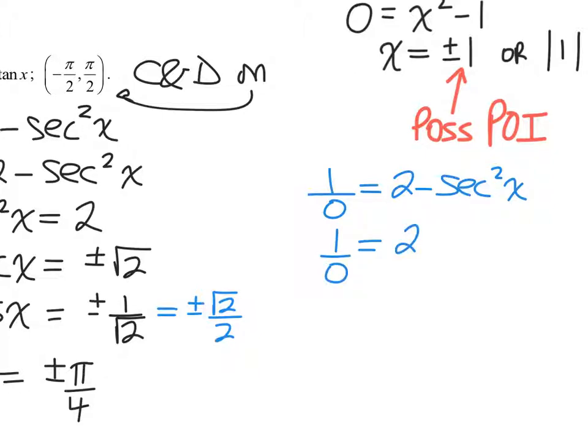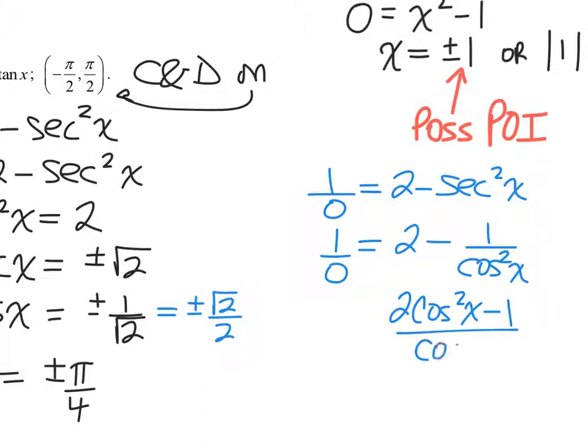So 2 minus 1 over cosine squared x, common denominator, 2 cosine squared x minus 1 over cosine squared x equals 1 over 0. And then cross multiply, you get cosine squared x equals 0. And that's where you see that it falls apart, that you'd never had to do all of that stuff anyway.